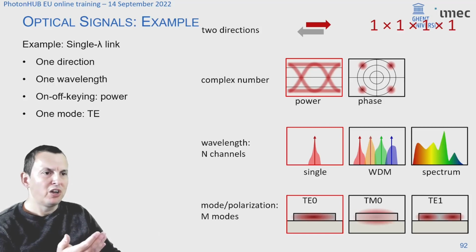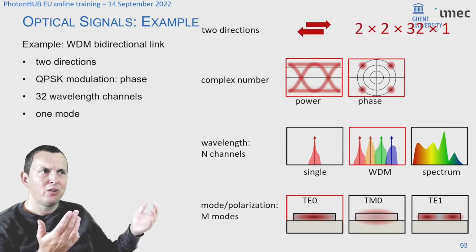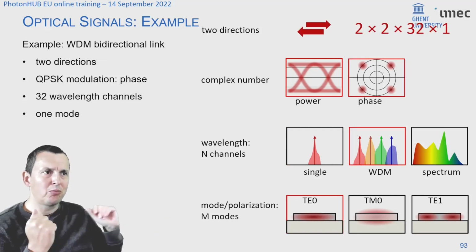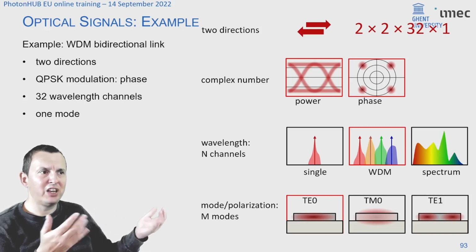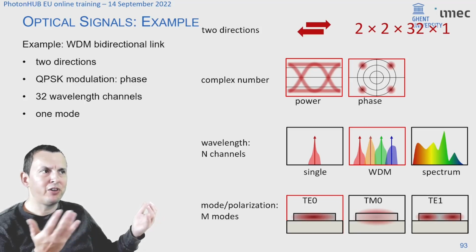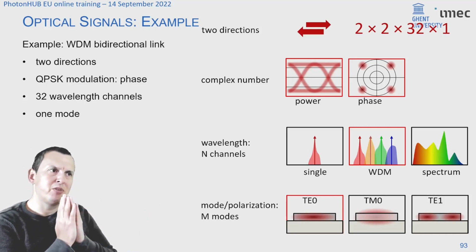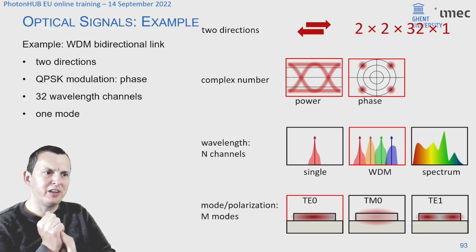However, the moment you go, for instance, to a WDM bidirectional link, which has to go in two directions, where you use coherent modulation, so you need amplitude and phase, and you have 32 wavelength channels, still in one mode, now you have 128 numbers. So at every single time step in your circuit simulation, in every single waveguide, you need 128 numbers. And it doesn't stop there.